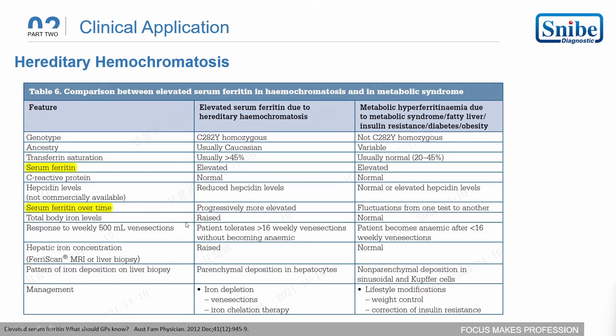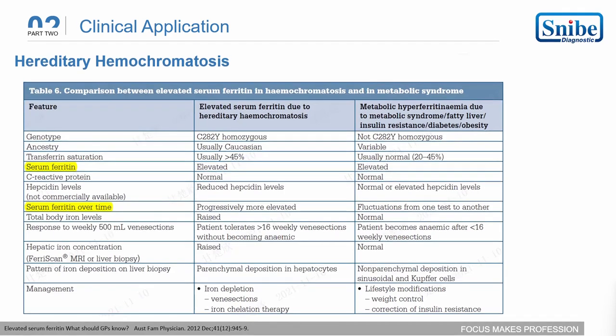So the total body iron levels are raised or normal, and these are a few features on the basis of which the serum ferritin levels and the prognosis over time help to support the comparison between elevated serum ferritin in hemochromatosis and in metabolic syndrome. So this is a typical example for those who have such a condition, and they can be managed through monitoring levels.